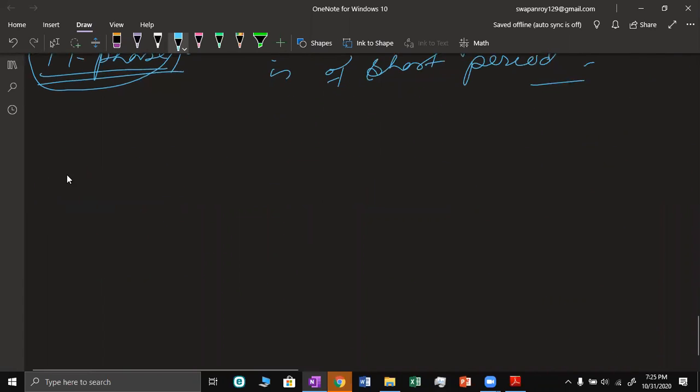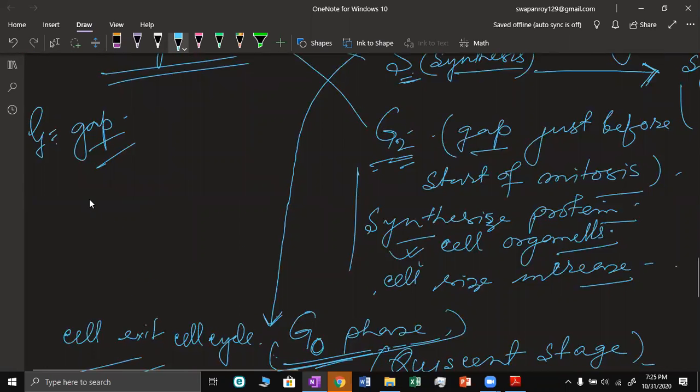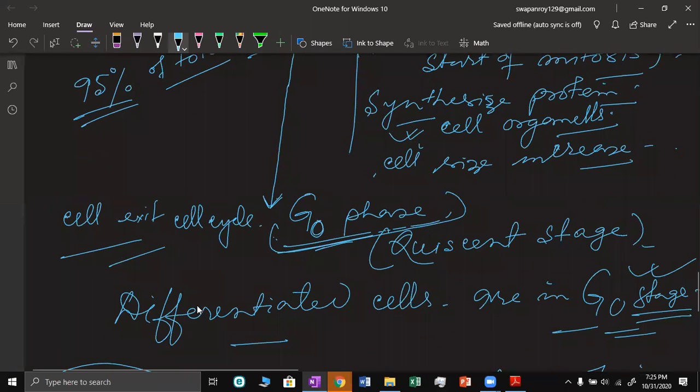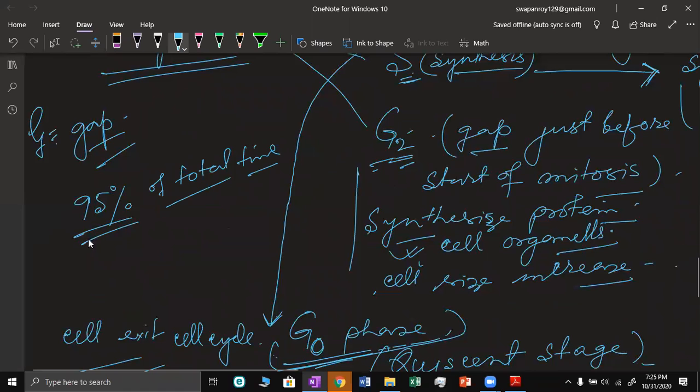Usually, 95% of the total time is occupied by interphase, and for mitosis it is what is left, that is nearly 5%.